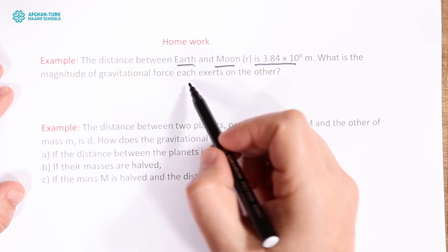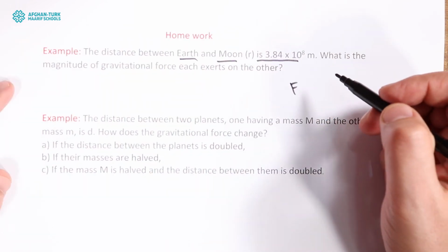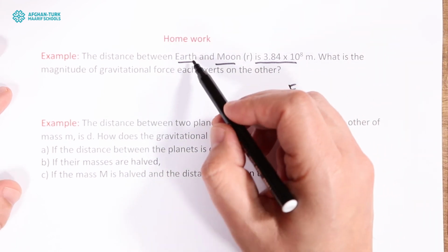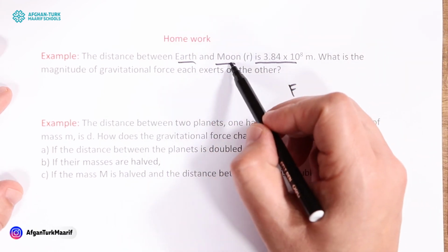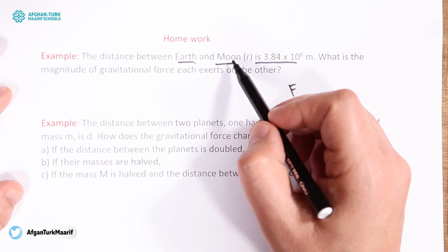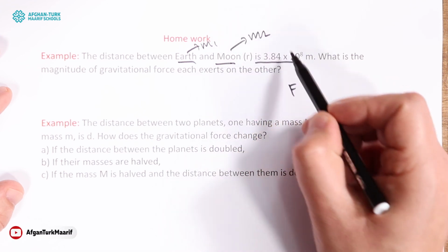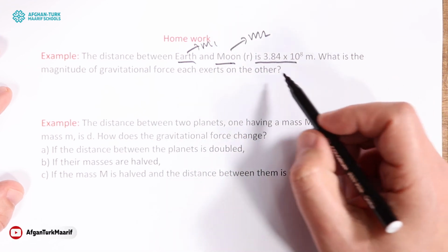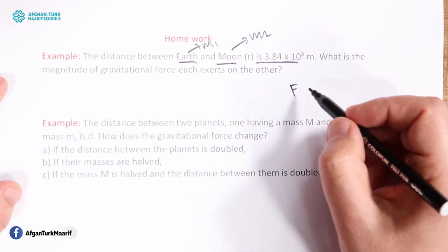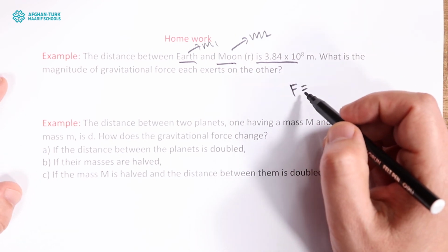What is the magnitude of the gravitational force? You will find the force. You know the G value. Now you will find the earth mass and moon mass on the internet, and this will be m1, this will be m2, and just multiply the values and find the force by Newton's law of universal gravitational force.